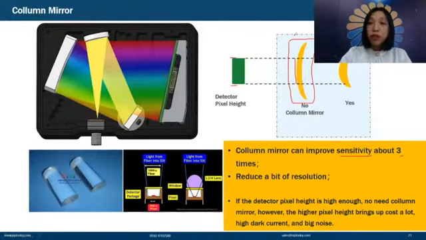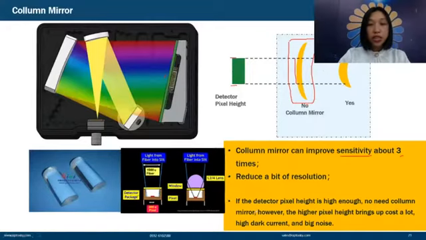Because if the detector pixel height is so long, the cost rises sharply, and it also has bigger dark current and bigger noise. So if we use the cylindrical mirror, we don't need such a big pixel height.